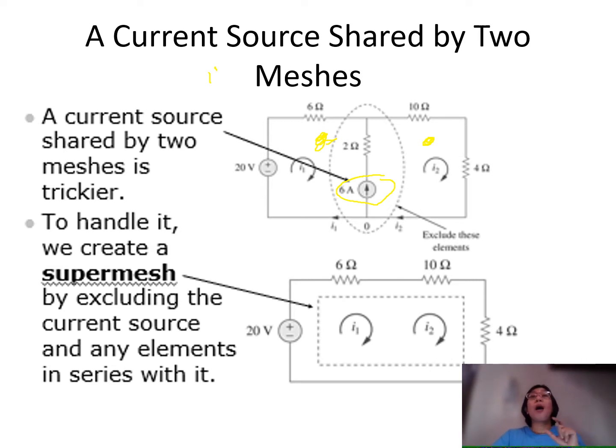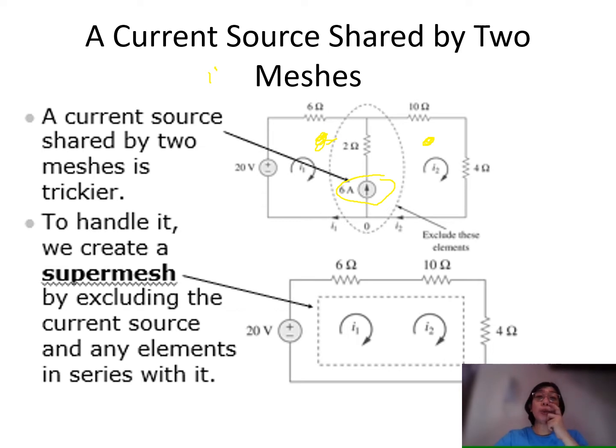If we don't have a super mesh, we can treat this circuit with two mesh equations. But if we have a super mesh, we can treat this as a single KVL. So if no super mesh, we have two KVLs. If we have a super mesh, this contains one KVL and one KCL.